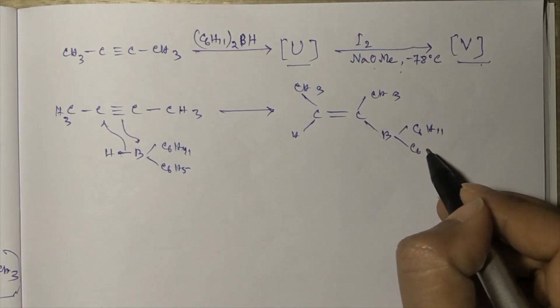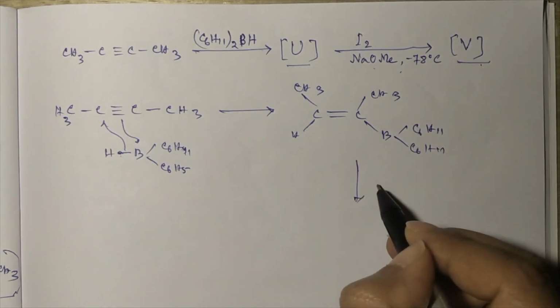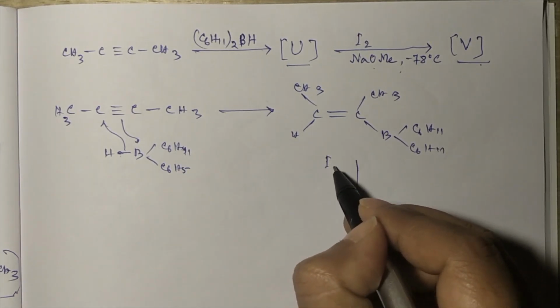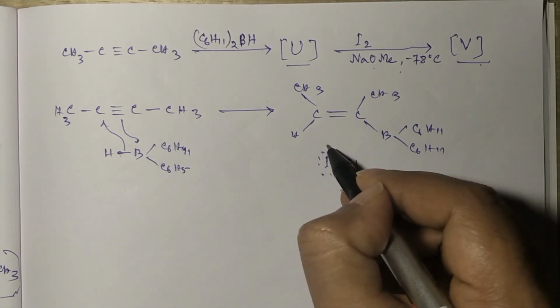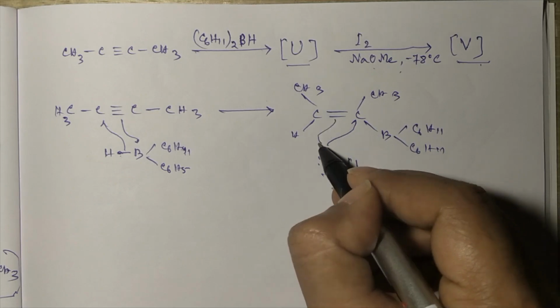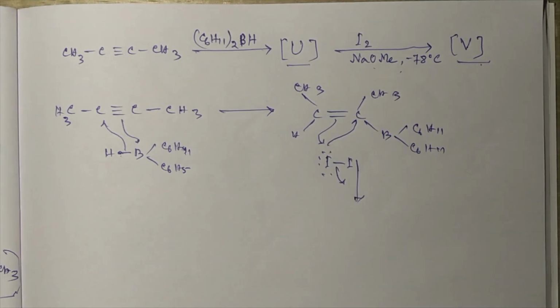B(C6H11)2. Now if it is treated with I2, an iodonium ion intermediate will be formed.